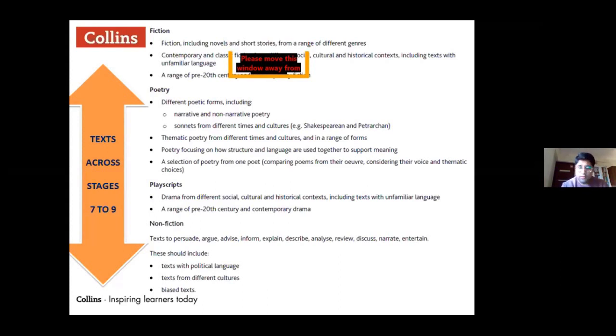You can use non-fiction, as I mentioned. These are your basic objectives, or rather the purposes why you teach non-fiction text: text with political language, text from different cultures, biased text, and of course text to persuade, argue, advise, inform, explain, describe, analyze, review, discuss, narrate, and entertain.